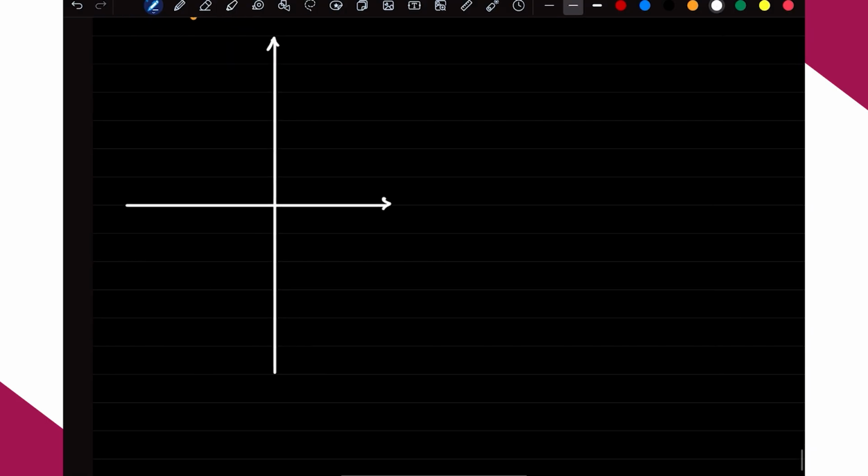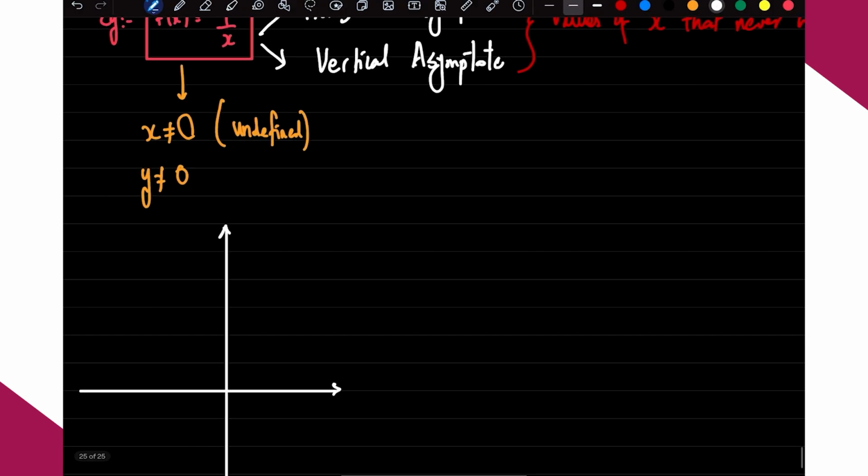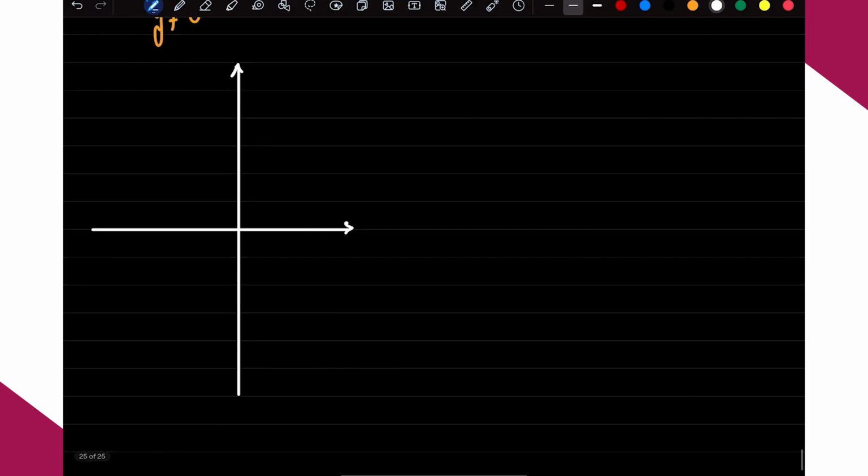The reason I'm drawing this really nicely is because I want to write a few properties and how we arrive at the solution that we are considering. Notice that x equal to 0 is this line. First, I want to label my axes: that's y and that's x. So I want to label that this line right here is x equal to 0 and this line right here is y equal to 0.